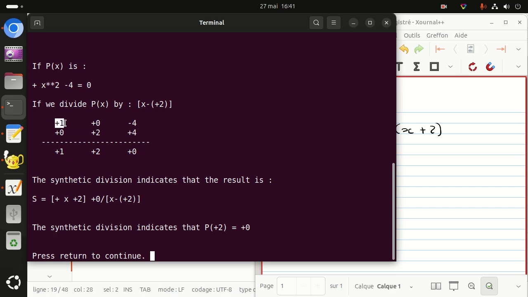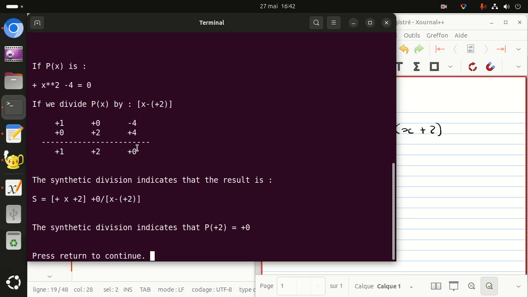Now I copy the first coefficient in the third row, first line. Now I use 2. 1 multiplied by 2 gives 2. 0 plus 2 equals 2. 2 multiplied by 2 is 4. Minus 4 plus 4 is 0.